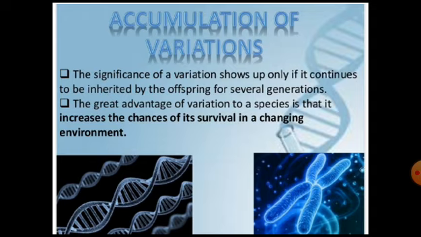We have to adapt ourselves to the changing environment, and these changes creep in when there are certain variations in us. The generation in which the variations occur may become adaptable to the changing environment. So, from that perspective, these variations are highly beneficial to a species.